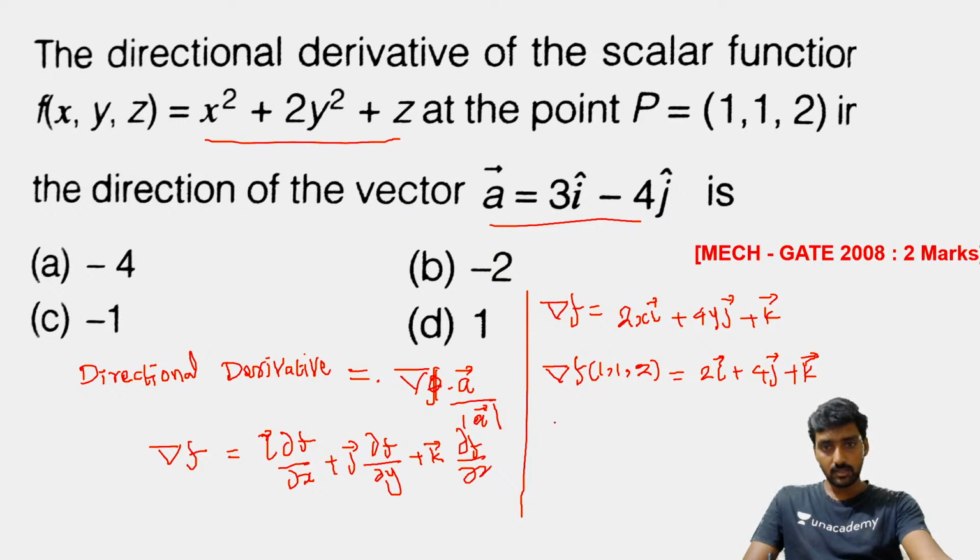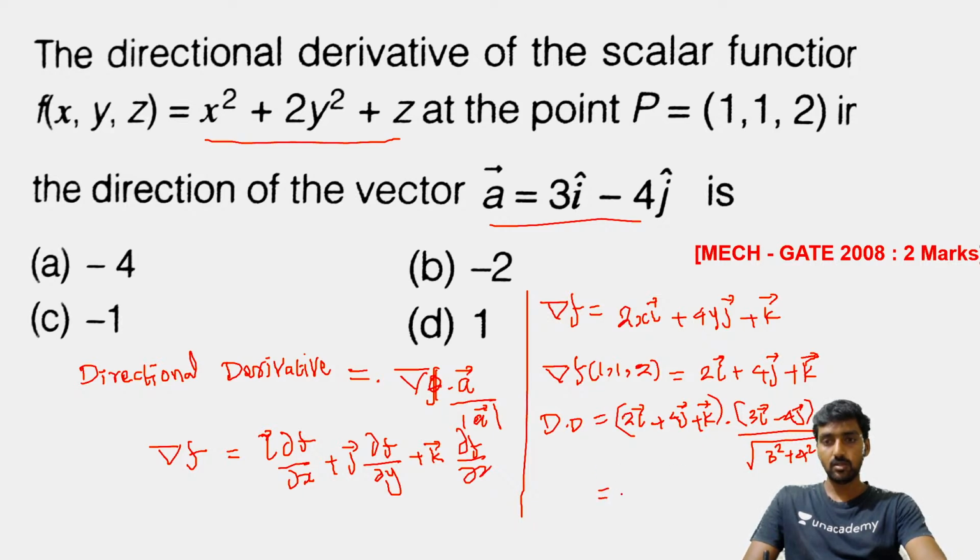Now, directional derivative is equal to 2 I vector plus 4 j vector plus 2 k vector dot a vector, 3 I vector minus 4 j vector, divided by root of 3 square plus 4 square.